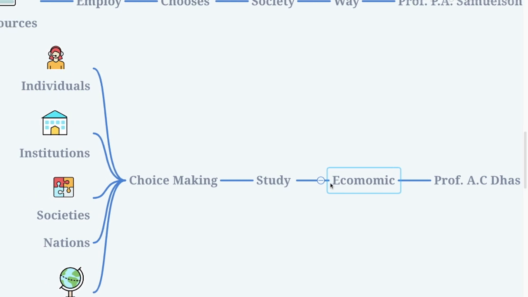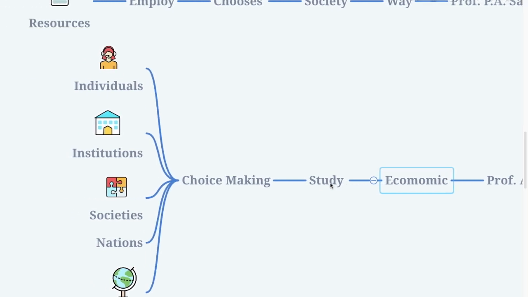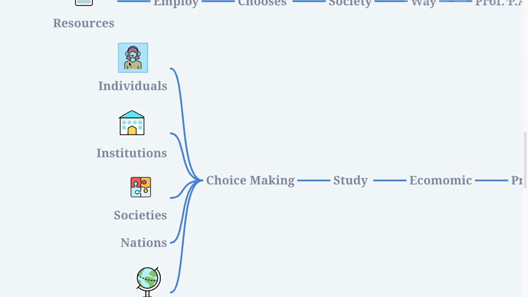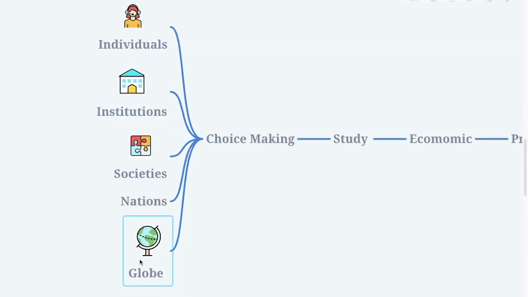He says economics is the study of choice making by individuals, institutions, societies, nations, and globe under the conditions of scarcity and surplus towards maximum benefits, satisfying their unlimited needs at present and future.